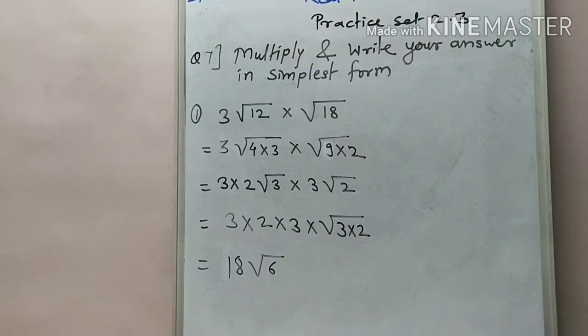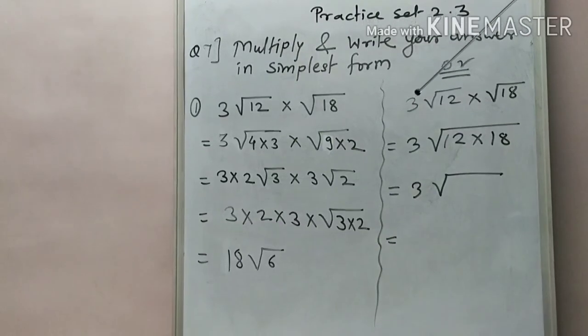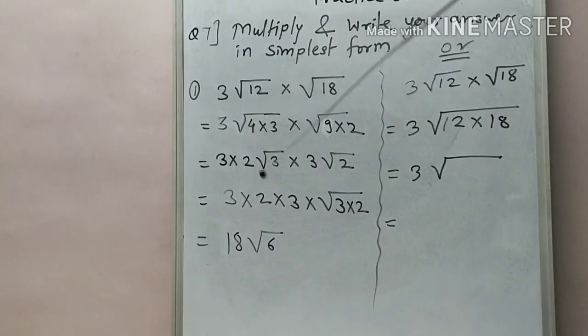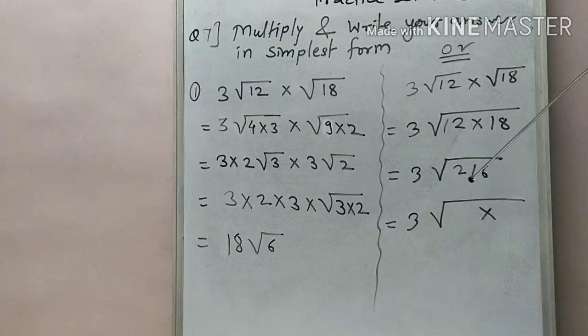Okay students, now pay attention here: the same example we can solve by another method. Here we factorized first and then did multiplication, or you can do multiplication first, because as you notice the order is the same. So we multiply 12 and 18 and then factorize that number. The product of 12 and 18 is 216, and now we have to factorize this 216 in such a way that one factor gives us a perfect square number.